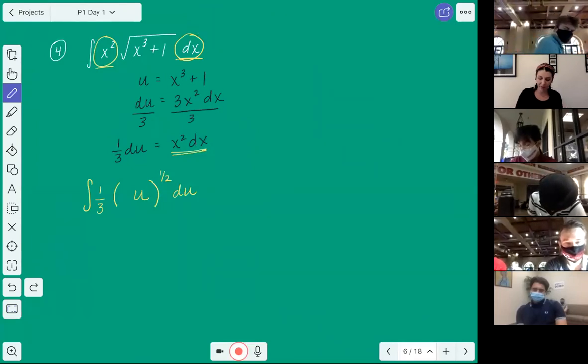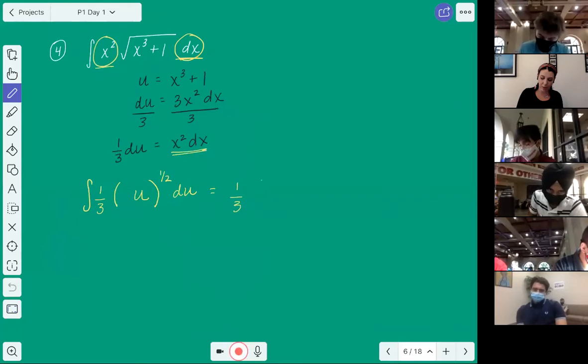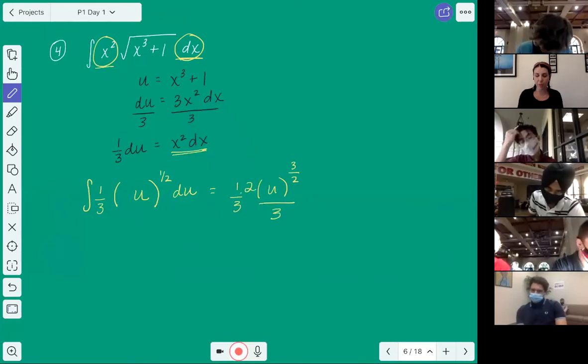The antiderivative of this, well, the 1/3 is just going to come along for the ride. That u is going to get raised to the 1/2 plus 1, so plus 2 over 2. That means it's going to get raised to the 3/2 over 3/2. Now remember, when you're dividing by a fraction, you're really multiplying by the reciprocal.